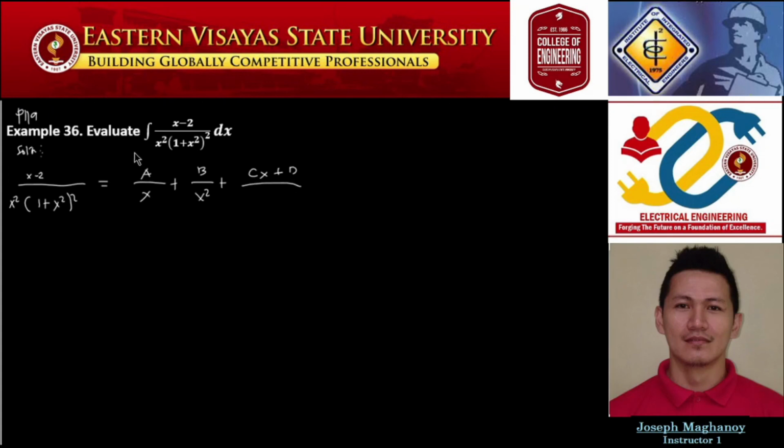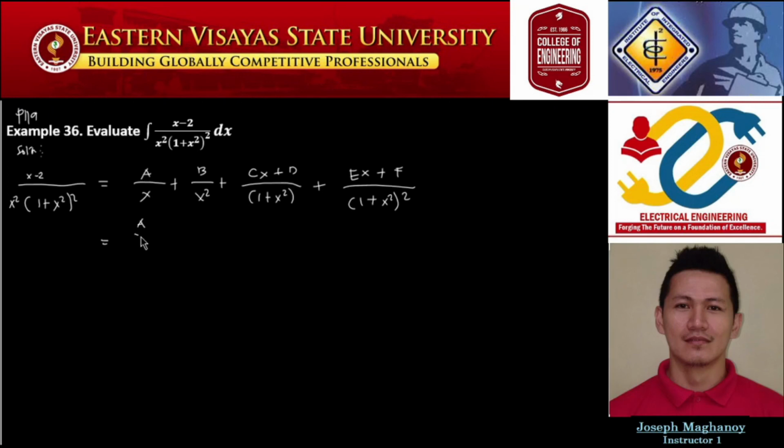Again, we have a repeating quadratic factor, so we have the quantity 1 + x squared, plus our Ex + F all over (1 + x squared) squared. So this is our distinct quadratic factor. All in all, we have 6 partial fractions: A, B, C, D, E, and F. Next step, the x is only the first derivative of your quadratic factor.